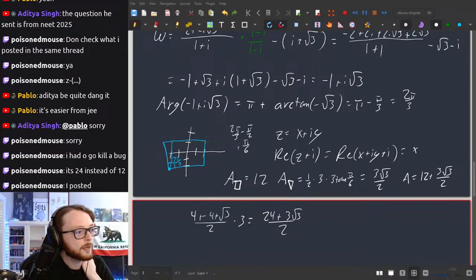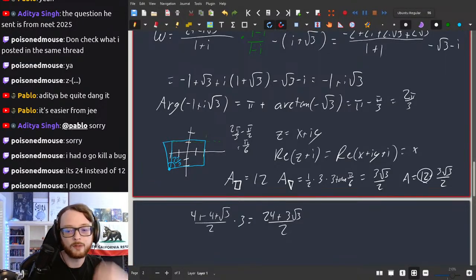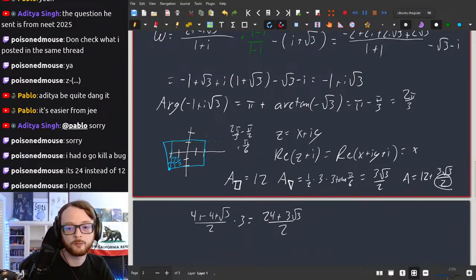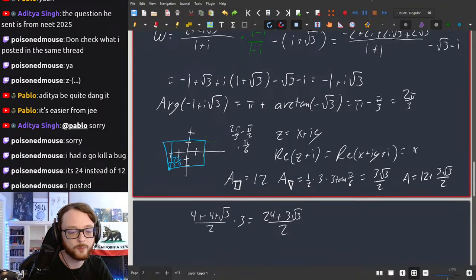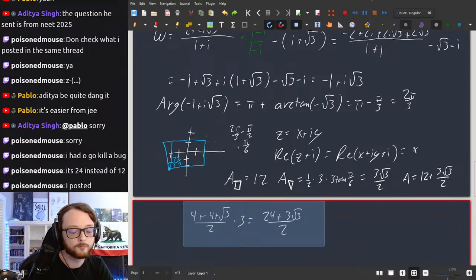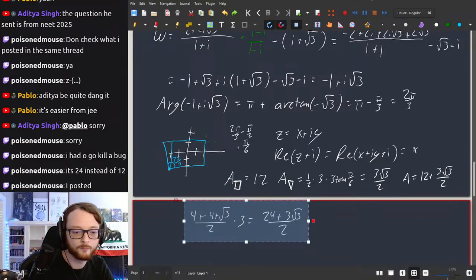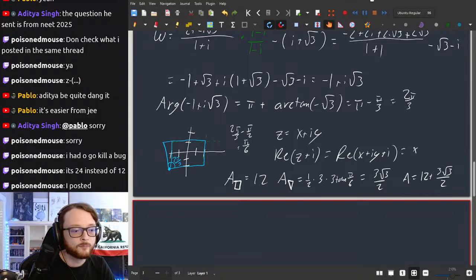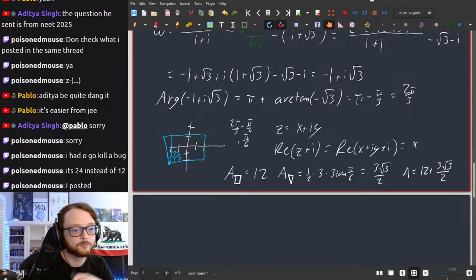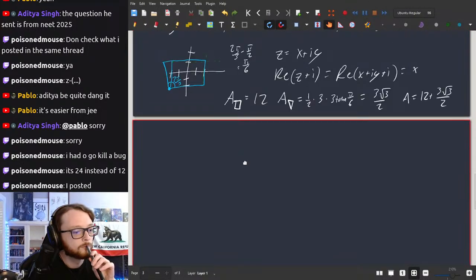No, Mouse, I got the same answer. I did 12 divided by, or I did 24 divided by 2. Like the over 2 is only there. So this is the same answer. All right, nice.